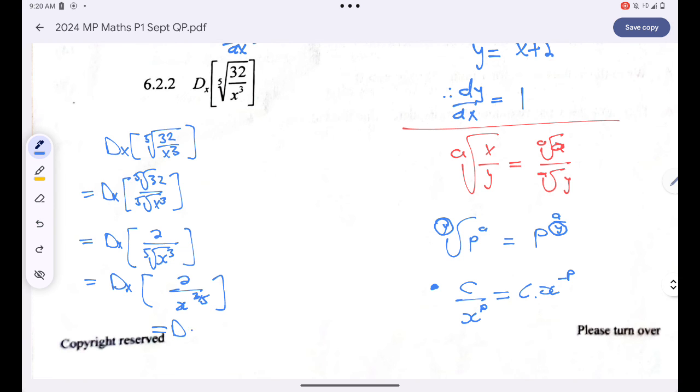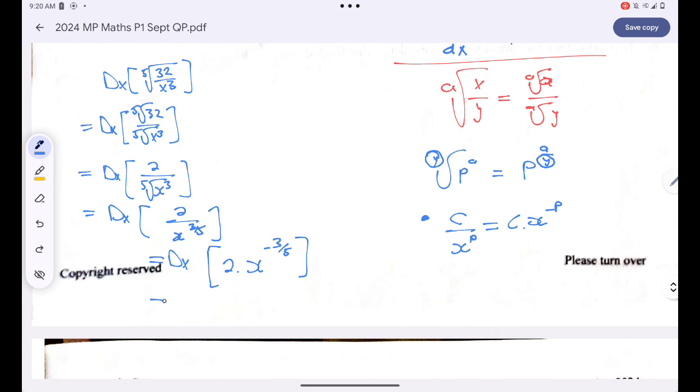So therefore d over dx will simply be equal to 2 times x to the power of negative 3 over 5, and therefore I can find the derivative, guys. This notation kept on reminding me that I need to derive the expression inside the bracket. So if the next statement is the derivative, I don't need to remind myself.